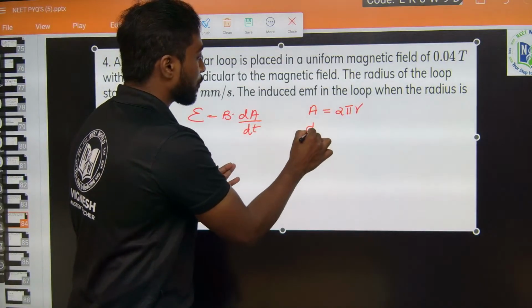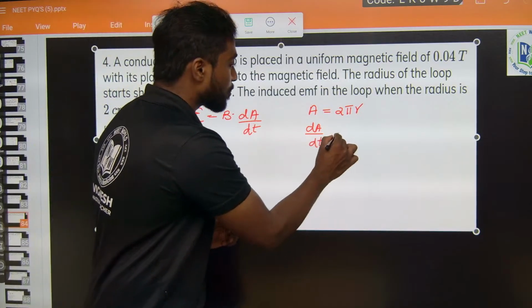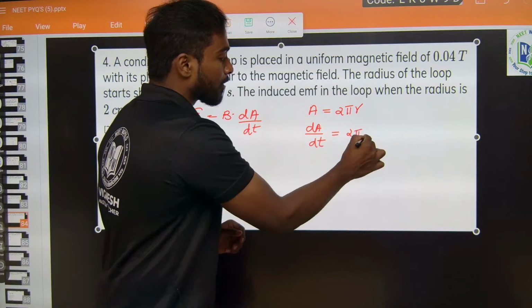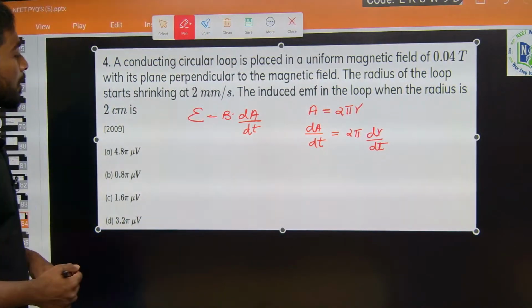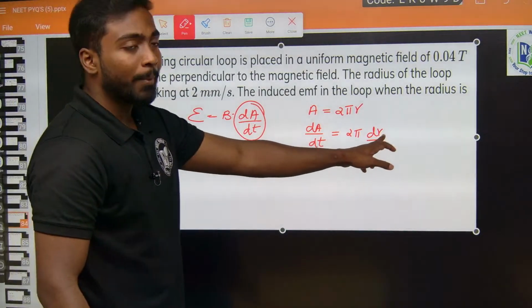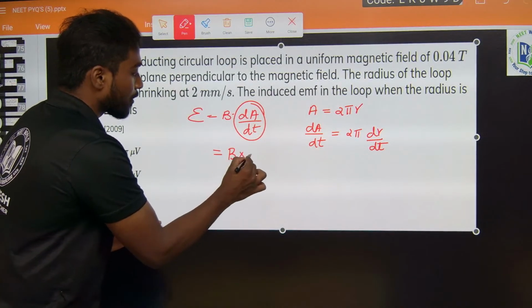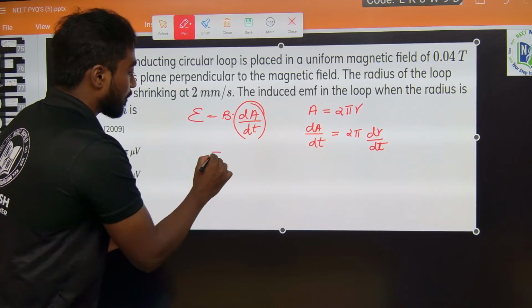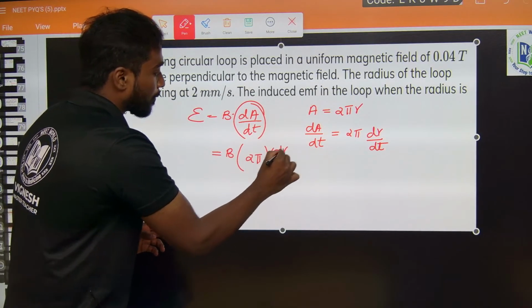So dA by dt should be equal to 2 pi r dr by dt. Now for this dA by dt I can substitute the value, so E is equal to B into 2 pi r into dr by dt.